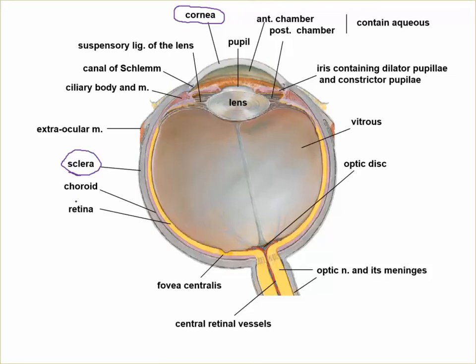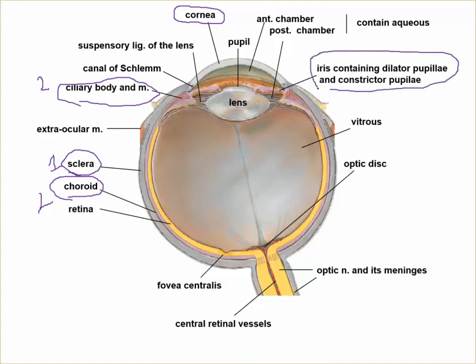Then you have the second layer, the choroid. Along with the choroid, we have the ciliary body and the ciliary muscle, forming the second layer, and the third part of the second layer is the iris, which contains two muscles, dilator pupillae and constrictor pupillae. They are under the autonomic nervous system.